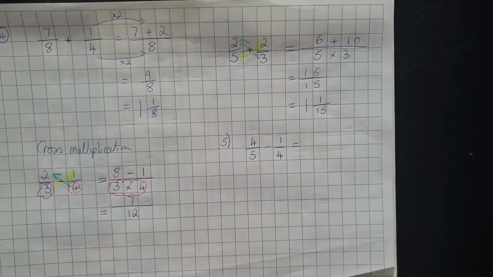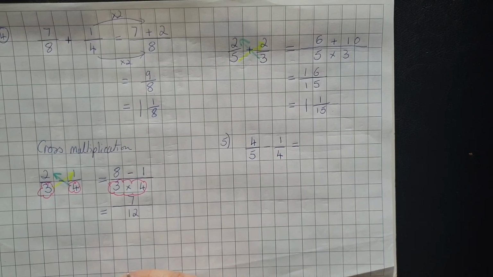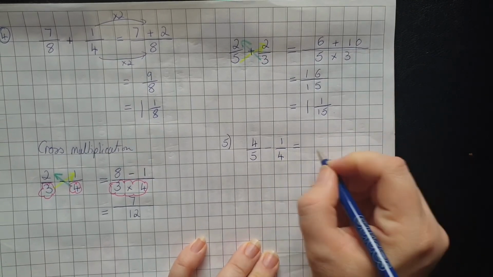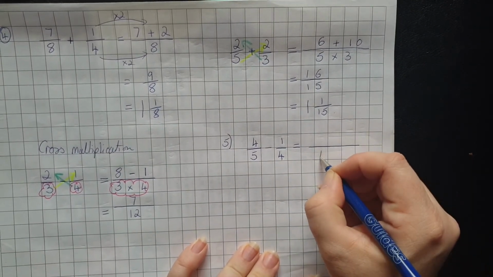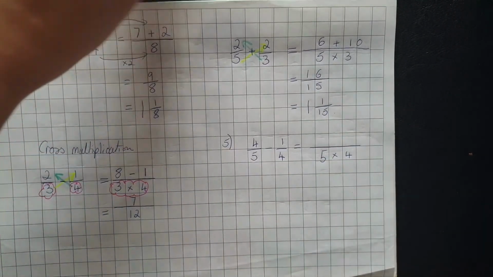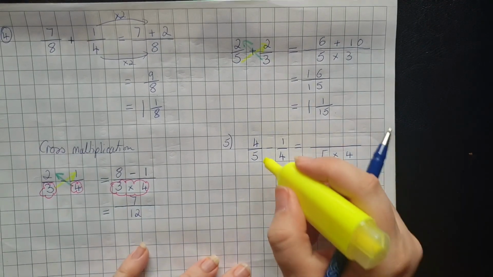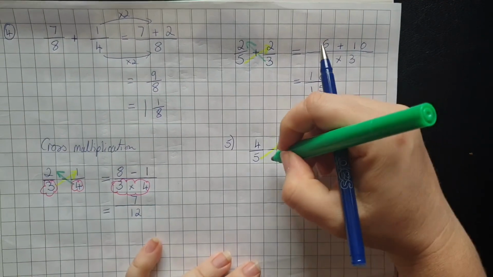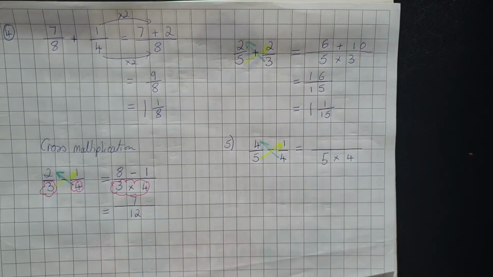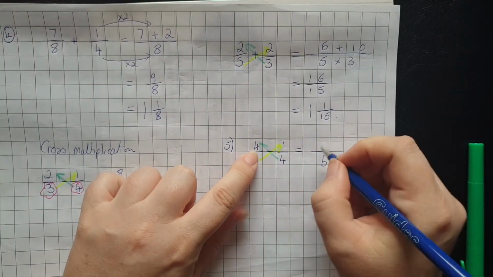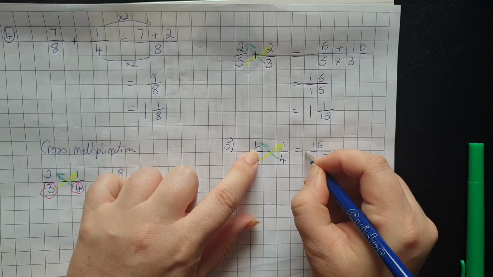Always the same principle, we must have the same denominator. This is not straightforward. So what we're going to do is multiply the denominators together to find our new denominator. So that is 5 multiplied by 4. As before, we cross multiply. 4 times 4 is 16.